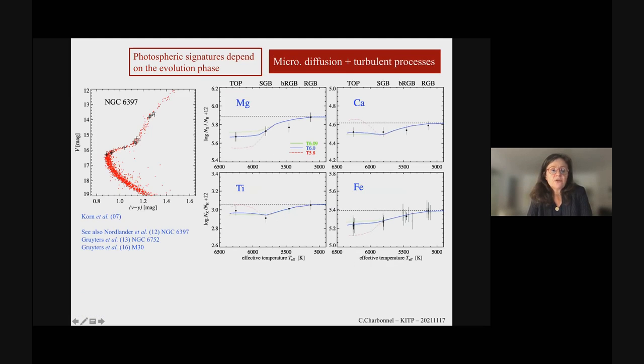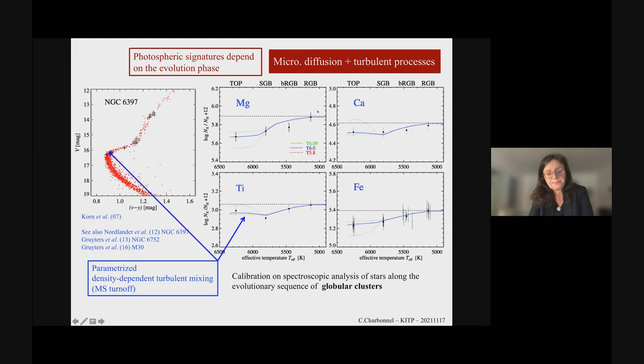This is seen also in globular clusters. So here is NGC 6397. So you have stars at the turnoff, which are here, and then you have stars along the subgiant branch and then the red giant branch. And you see again that there is this effect of stronger atomic diffusion at the turnoff, and then the effect of the dredge-up.